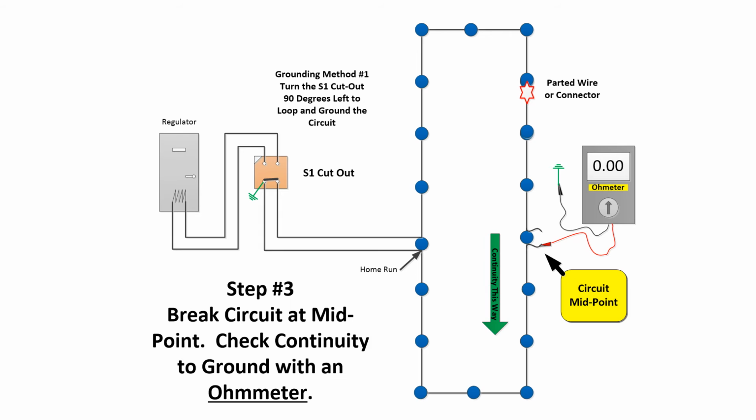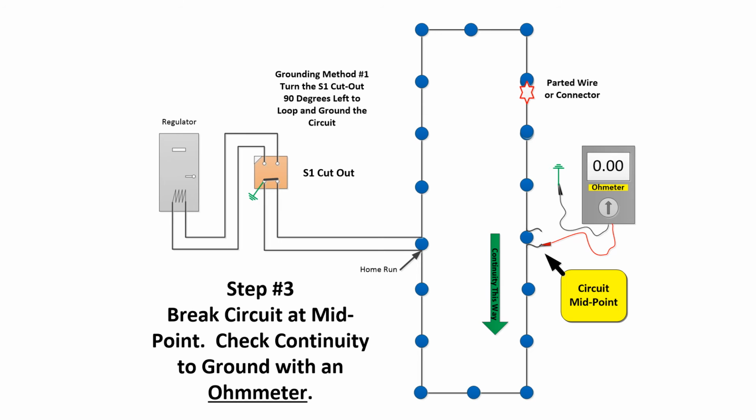Okay, in this scenario, I'm using the S1 cutout as my grounding means. The next thing I want to do is go out to the midpoint of my circuit. I want to break the wires and hook up an ohm meter between one of the wires and the ground and test for continuity.